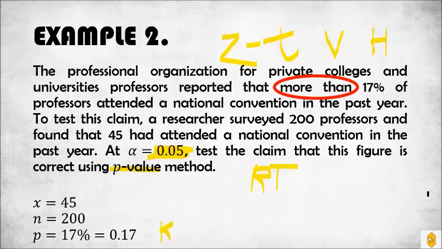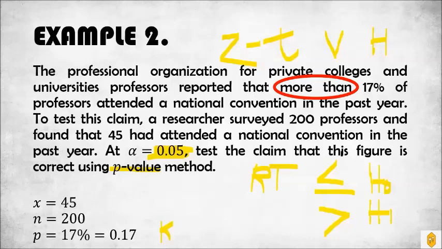Okay? Sa right-tailed test, ang ating symbols na ginagamit ay less than or equal para sa null hypothesis or H0, and then greater than naman para sa alternative hypothesis or H sub 1. And then, identify natin yung claim.